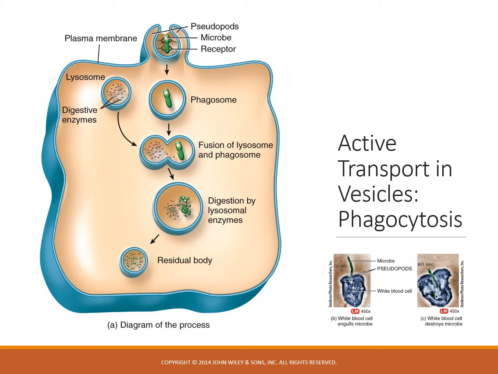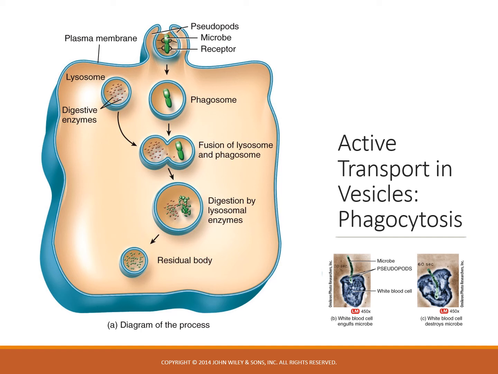Phagocytosis. This is another form of endocytosis in which the cell engulfs large solid particles, such as whole bacteria or viruses or smaller pieces of cells. There's only a few cell types, specifically phagocytes, that are able to carry out phagocytosis. So this is specifically a phagocyte. It's a specific type of cell.